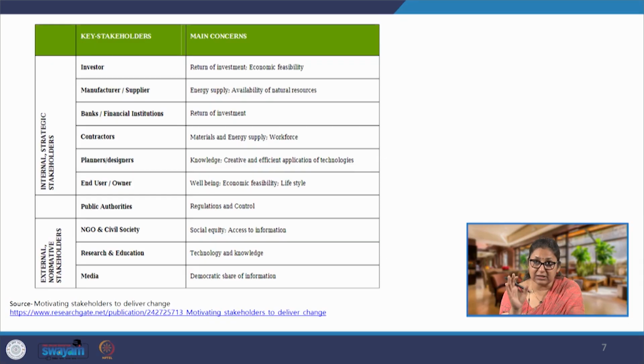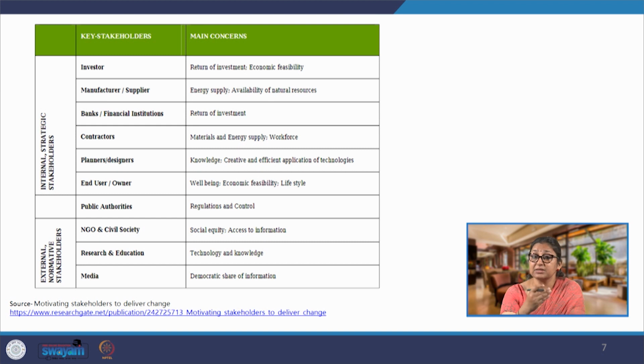So, for example, the investor has the concern only on return of investment, while the banks or financial institutions also have a concern on return of investment. But the manufacturer or supplier, his main concern is energy supply and availability of natural resources. These are the resources that he needs to continue to work, continue to supply the material.